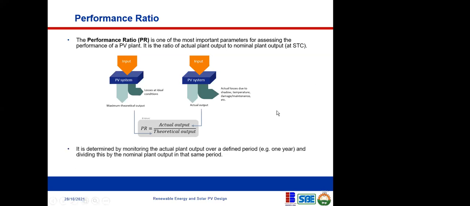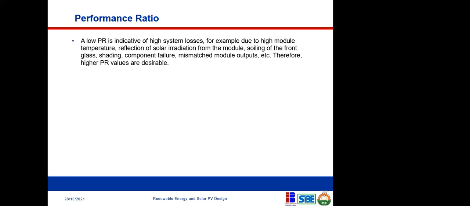It is determined by monitoring the actual plant output over a defined period, e.g. for 1 year, and then dividing this value by the nominal plant output in that same period. So the performance ratio will change from period to period, depending on the environmental and technical condition at the plant. A low performance ratio. Any question?